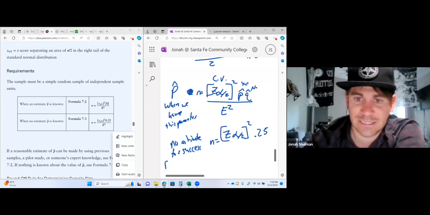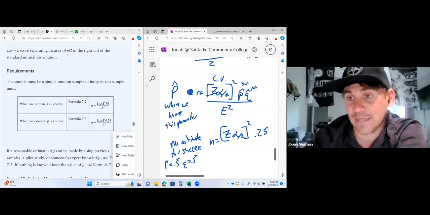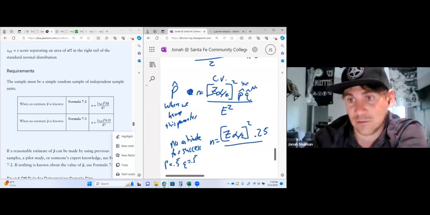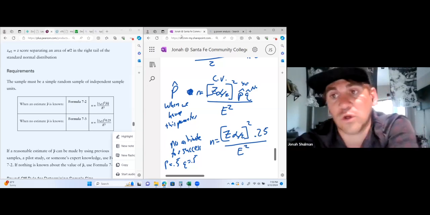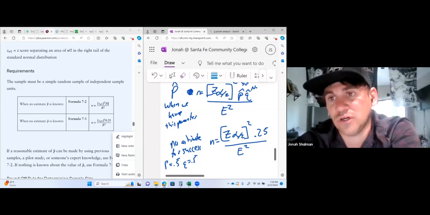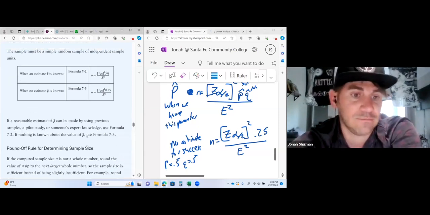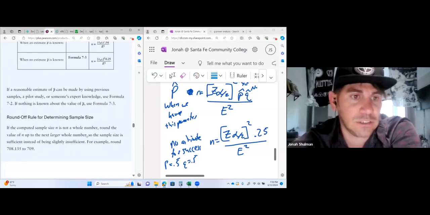This quarter is just claiming that P is 50%, it happening, and Q is 50%, it not happening. That's how we get that 0.25, that 25%, and then we just divide by the error squared. We're just arbitrarily cutting this to 50% yes, 50% no, if we don't have an estimate. Nice.